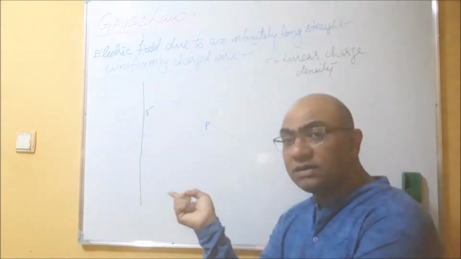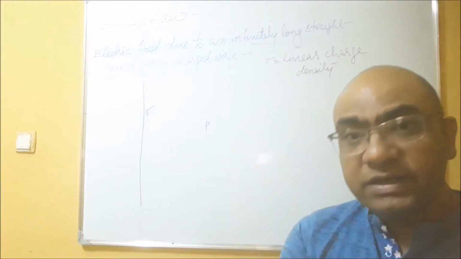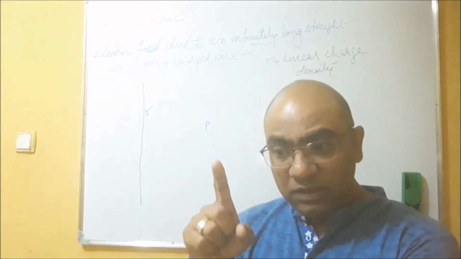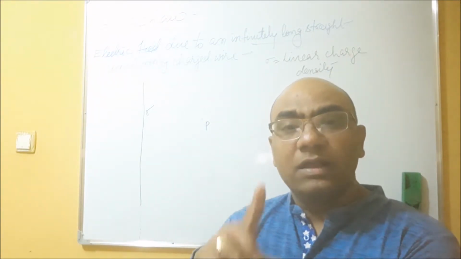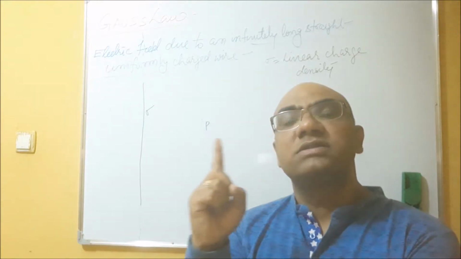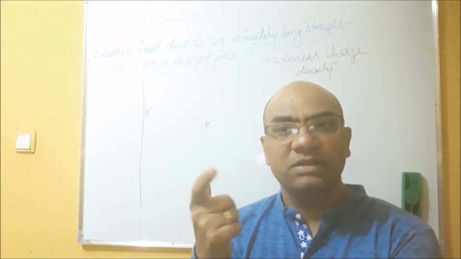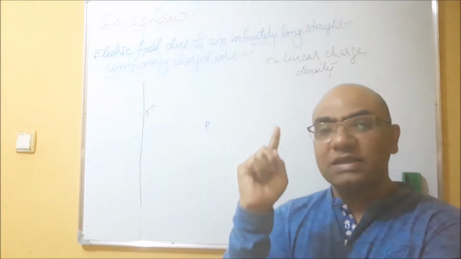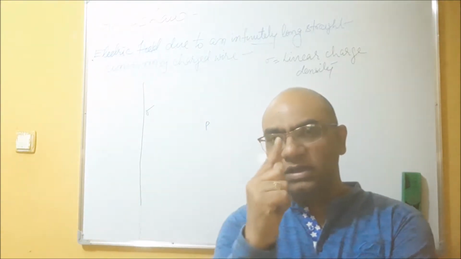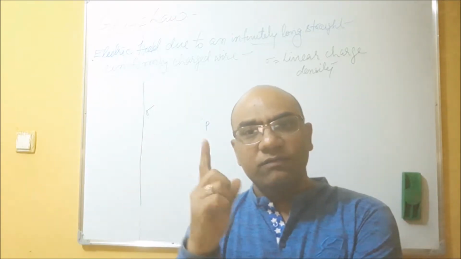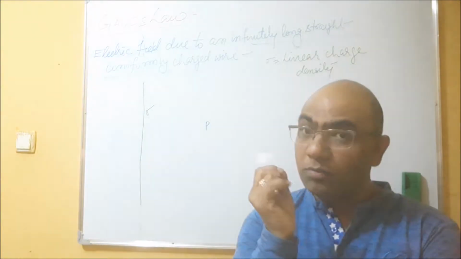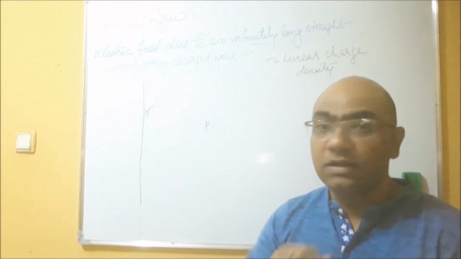For any charged straight line, a linearly charged wire, we can make a cylindrical surface, and the property of this cylindrical surface is that at every point on the surface we have a uniform, equal value of the electric field, right?